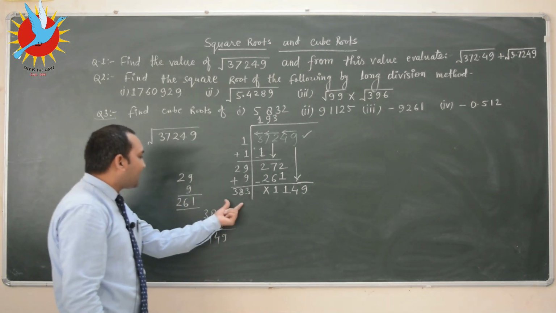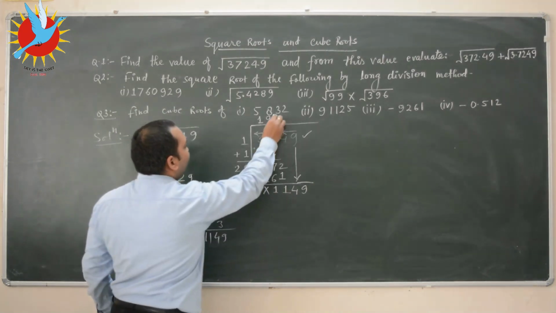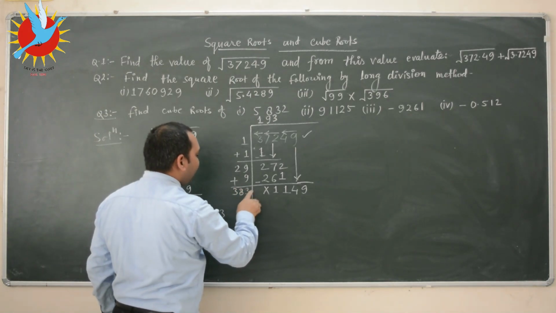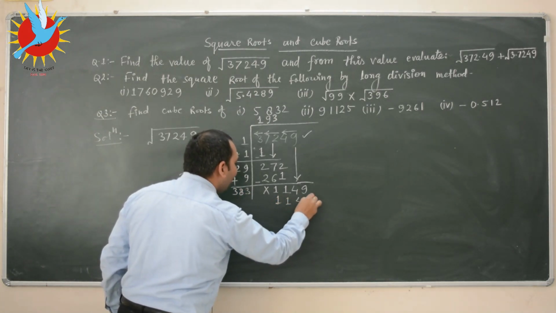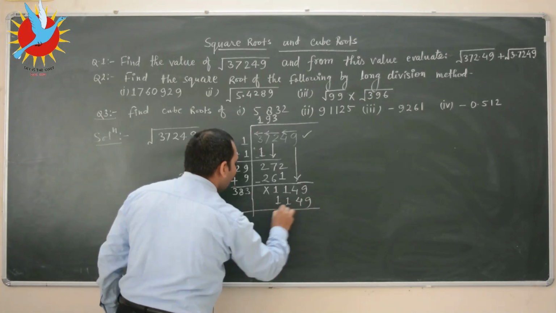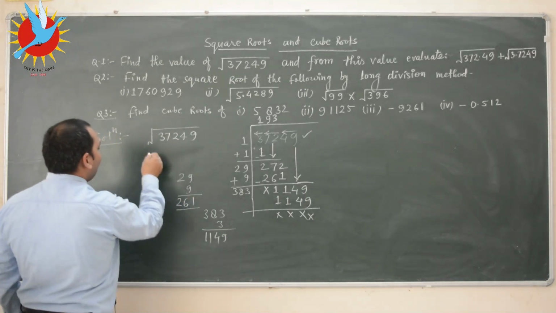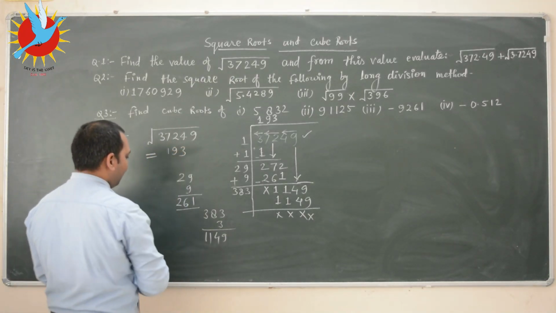So it is exactly divisible, 1149. So we take 3 and multiply by 383, and it is exactly divisible by 1149. So the square root of this number is 193.